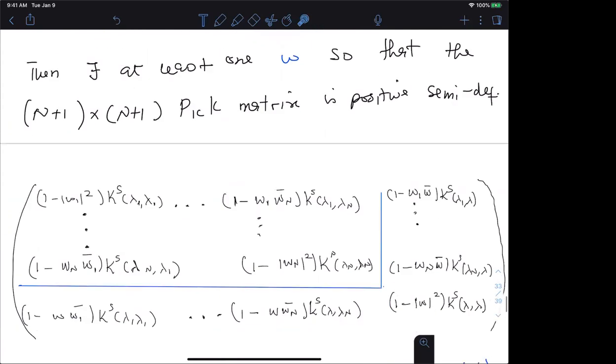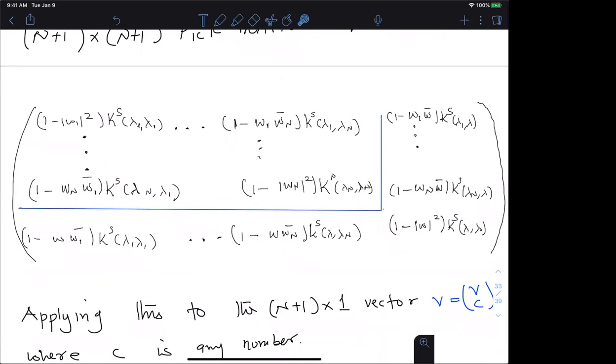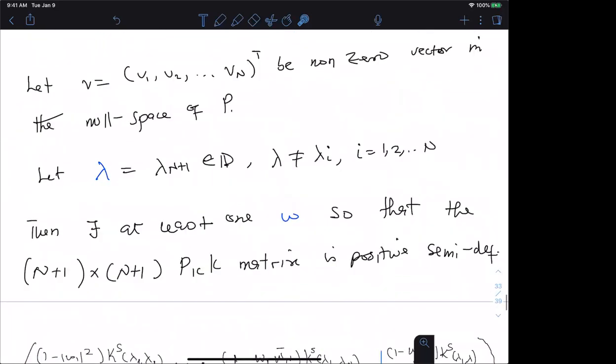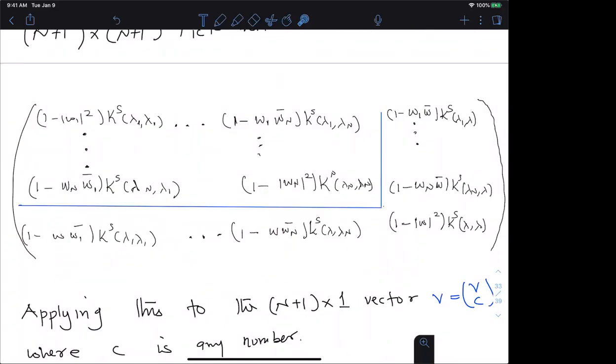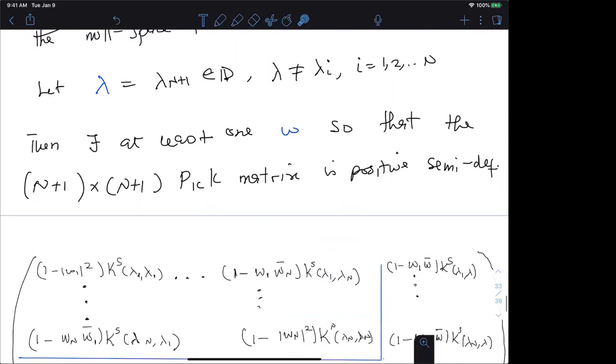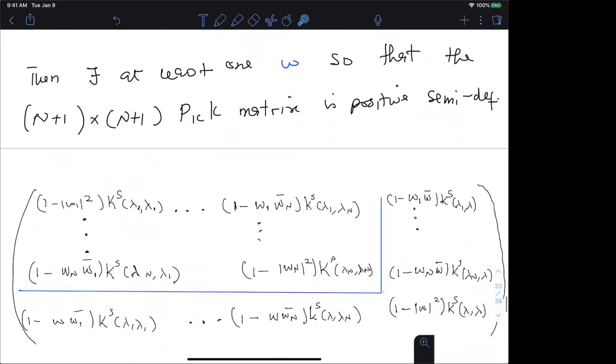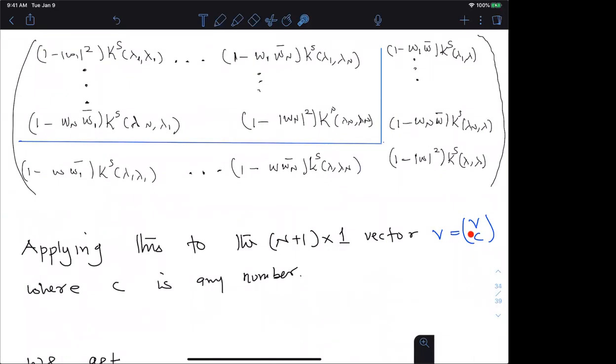And that new matrix is more or less an augmentation of the new vector with the original Pick matrix. Applying this to the vector, which is now n plus 1 by 1, you take the original vector V, which is in the null space of the Pick matrix, and add one more component.